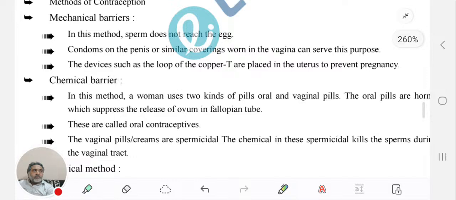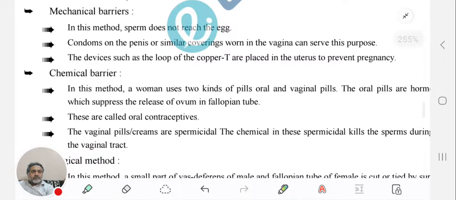In this method, sperm does not reach the egg. Condoms on the penis or similar coverings worn in the vagina can serve this purpose. The devices such as the loop or the copper T are placed in the uterus to prevent pregnancy.